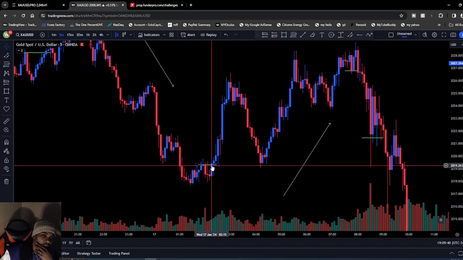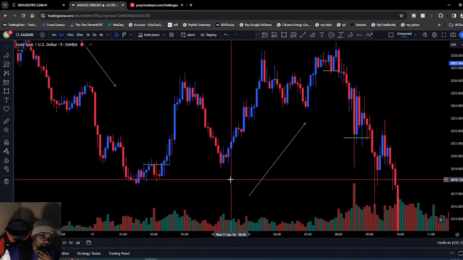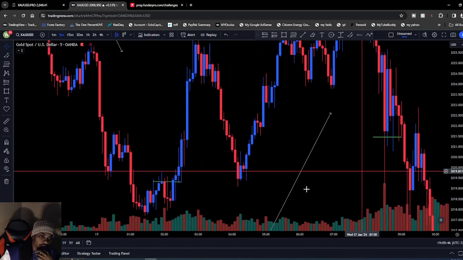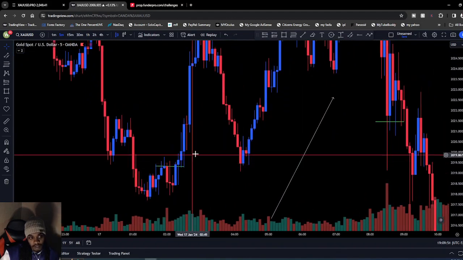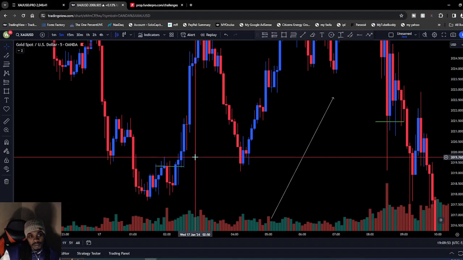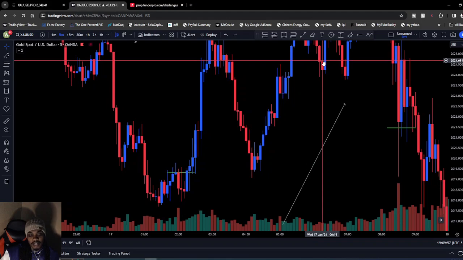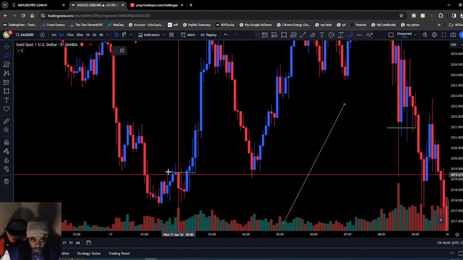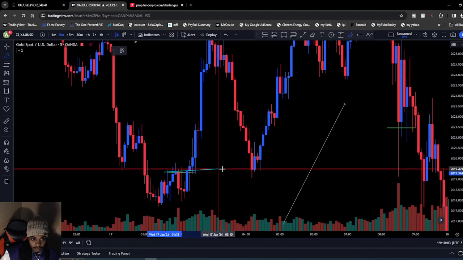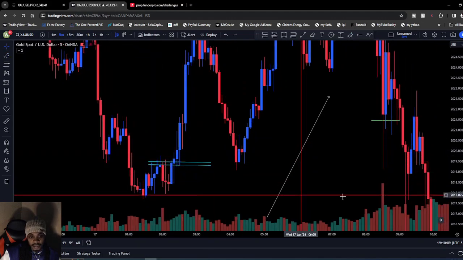So we had this close above the body of this engulfing candle formation. So then what you would look for in this scenario would be a support or resistance type of entry. Majority of the wicks were in this area.